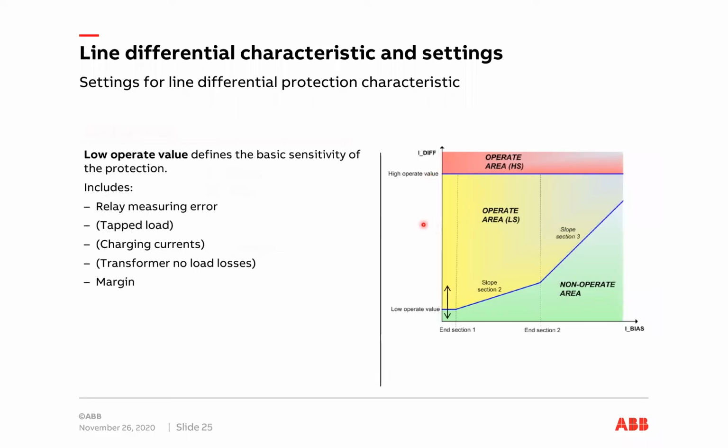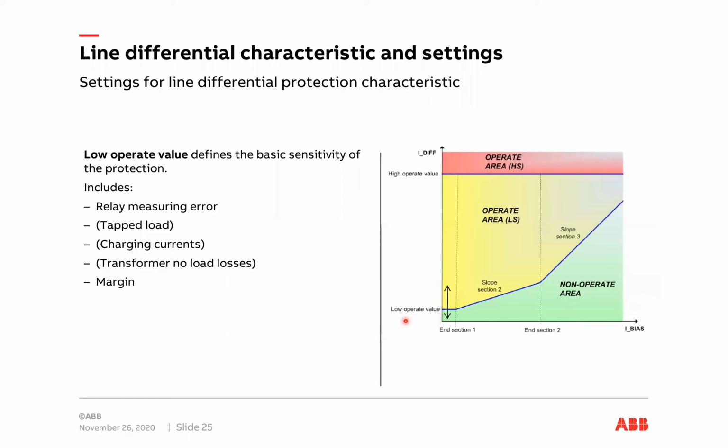So let's start by looking at these different settings that form this characteristic, and what we should consider when we are calculating the settings. For the low operate value, we can define the basic sensitivity of the protection.